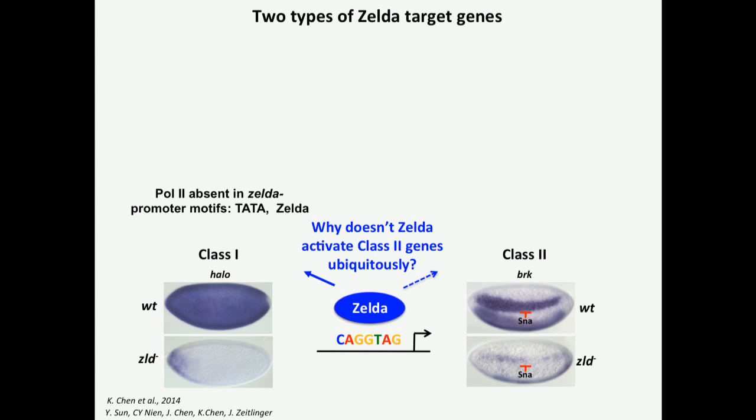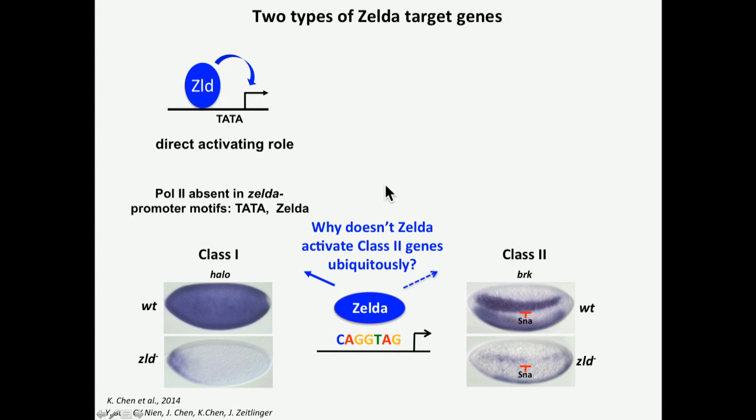And we also know that class 1 genes have promoter motifs, they're enriched in TATA and Zelda binding sites. And so we think that Zelda basically binds just upstream of the transcription start site at these genes, recruits polymerase, and has a direct activating role.